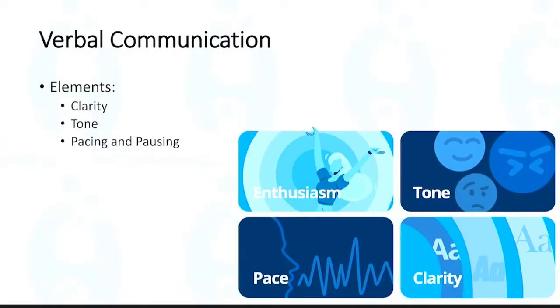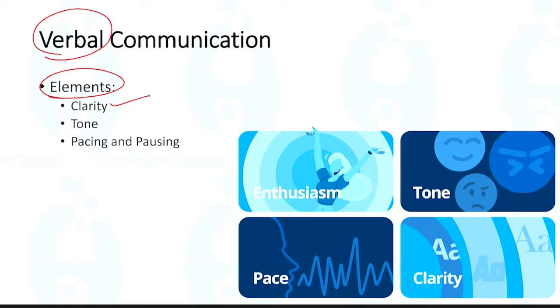Okay, fine. So the first one is verbal communication. We have mentioned the clarity and coherence of communication, but here, when verbal communication comes into play, we have to learn about the elements of verbal communication. That is the clarity. It depends on the choice of words, the sentence structure, and also the ability to articulate the sentence without any problem.